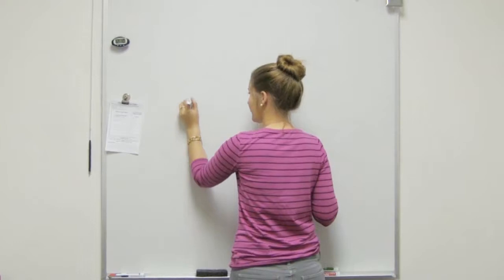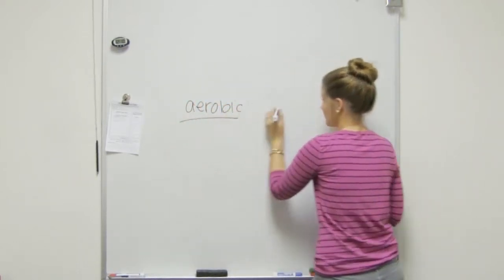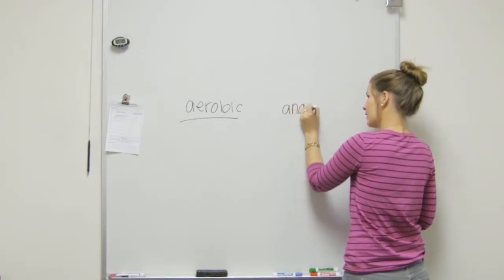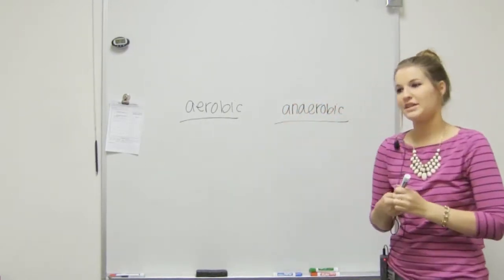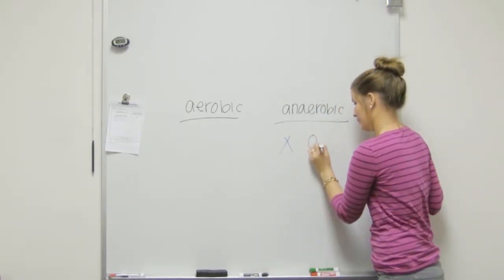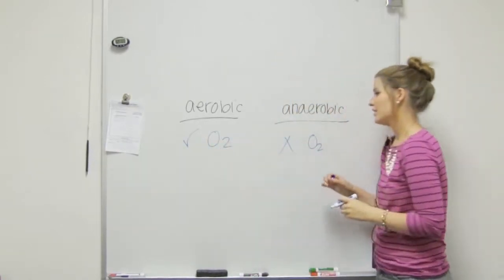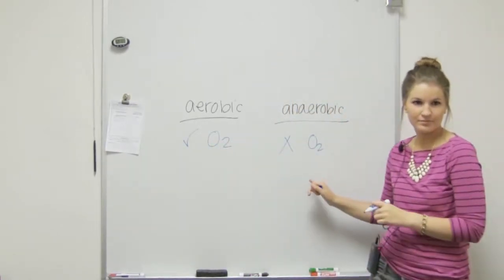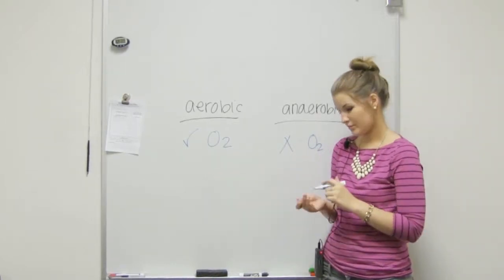So we have aerobic, and what was our other one? Anaerobic. One uses oxygen and one doesn't use oxygen. Anaerobic doesn't use oxygen, and aerobic uses oxygen. Perfect, that's accurate. This one we don't have oxygen. This one we do.